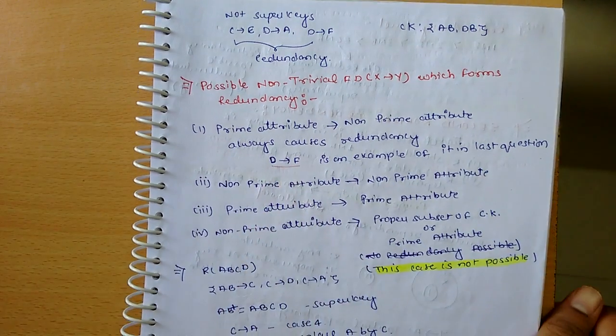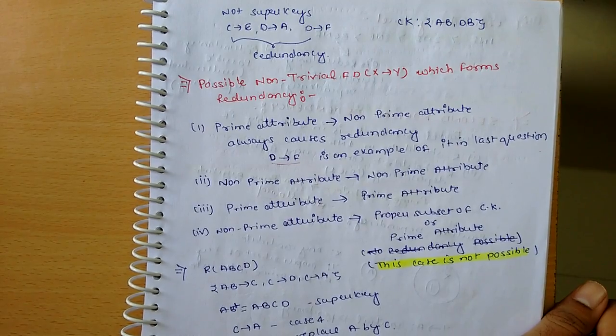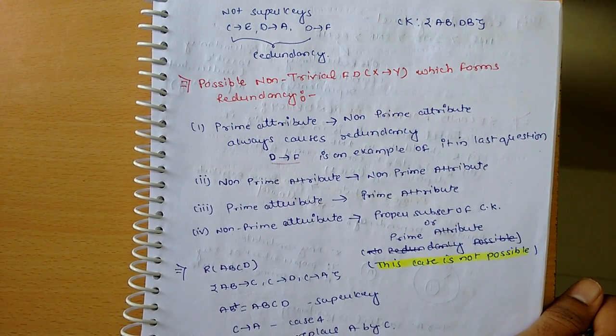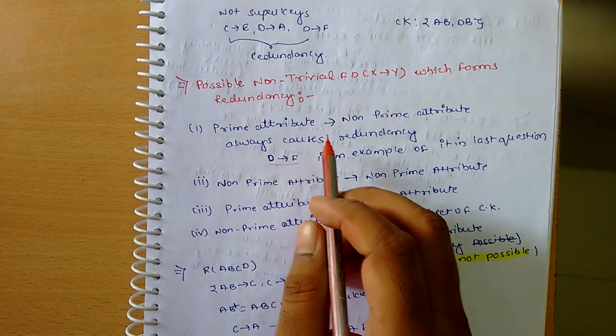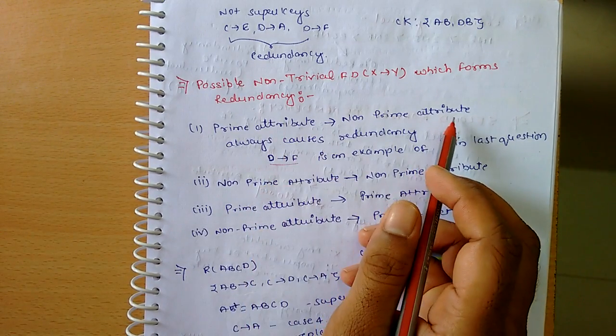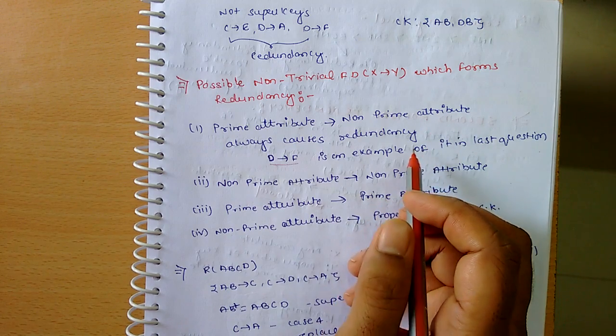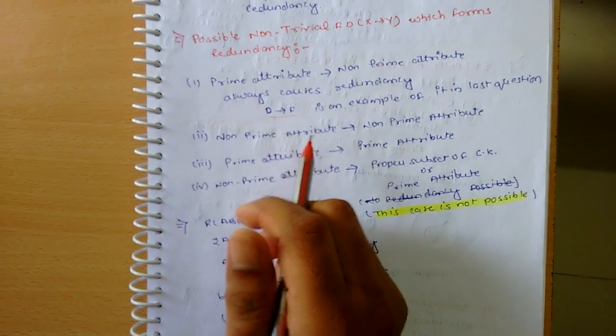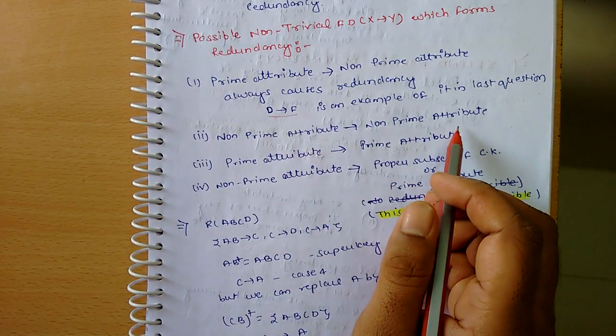What is a prime attribute? A prime attribute is a subset of a candidate key. Those attributes which are a subset of a candidate key are called prime attributes. If a functional dependency is given as prime attribute to non-prime attribute, then it will always cause redundancy.